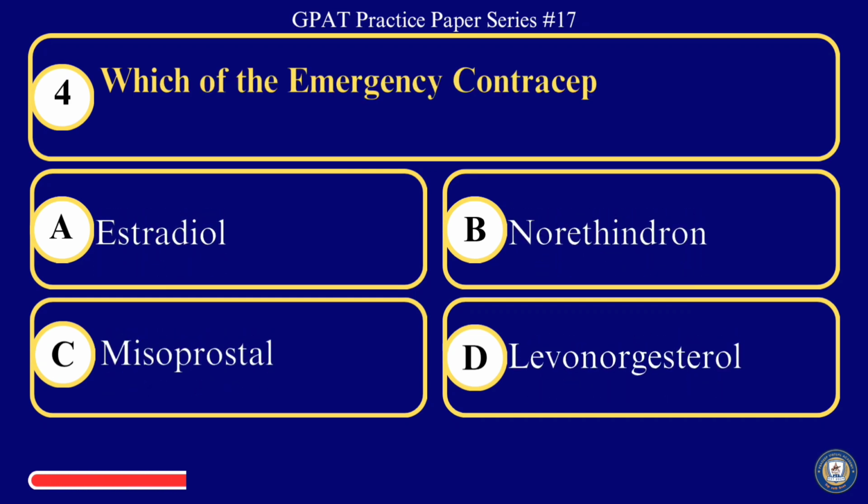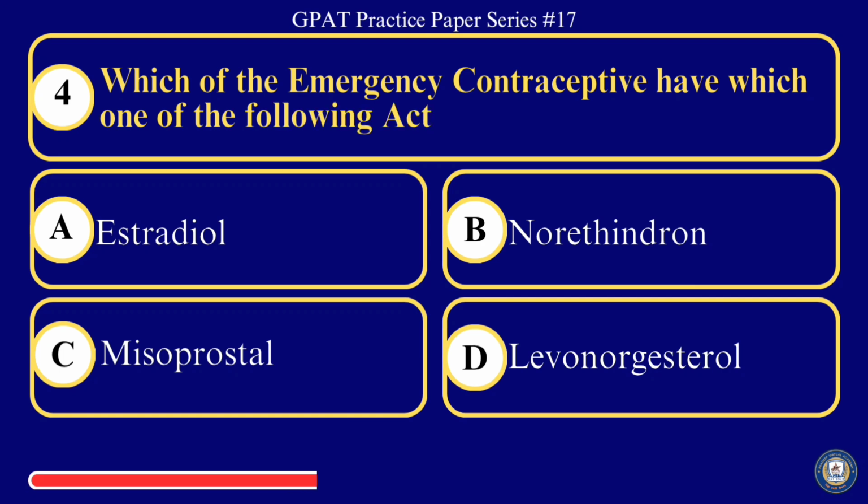Question number 4. Which of the emergency contraceptives have which one of the following active ingredients? Your options are A. Estradiol, B. Norethindrone, C. Misoprostol, and D. Levonorgestrel.